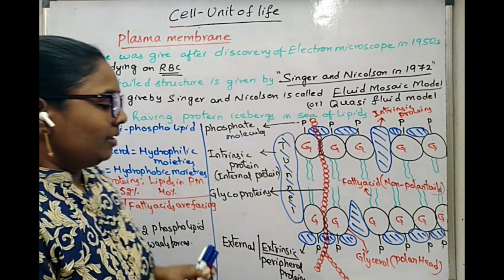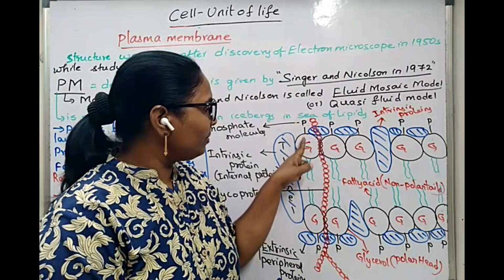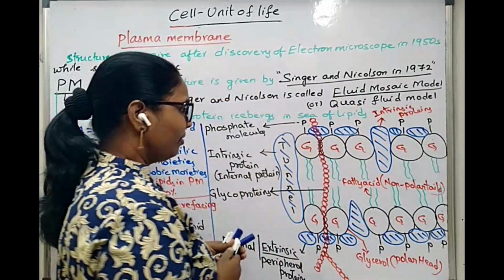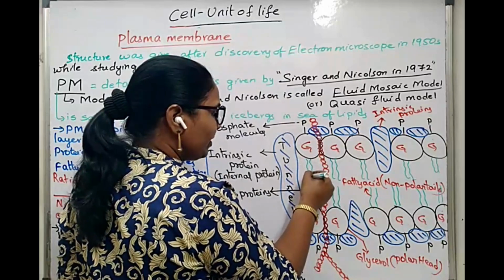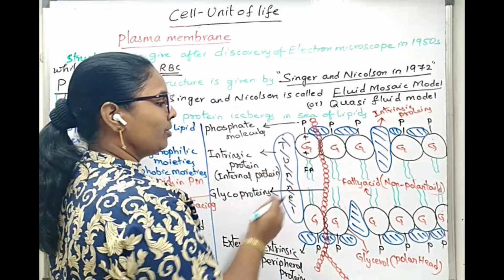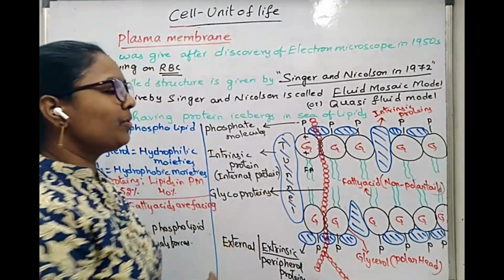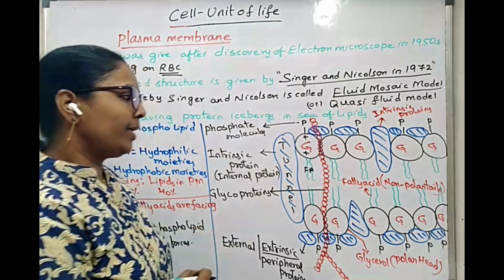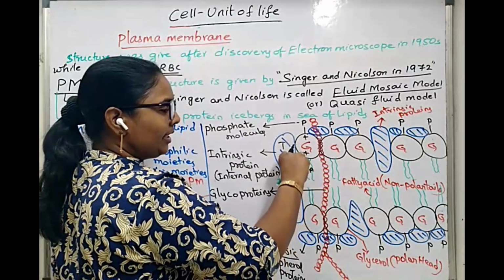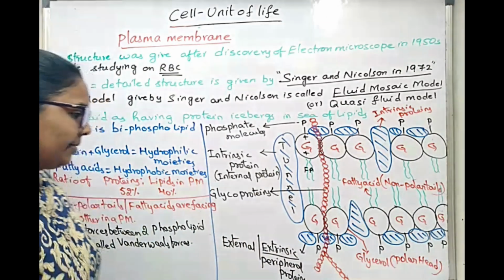Next, there will be movement between phospholipid molecules. One phospholipid molecule constitutes fatty acid plus glycerol plus one phosphate molecule. There will be movement of these molecules within the layer. So such type of movement is called transition movement. Sometimes this total structure, phosphate, glycerol, fatty acid, will be flipping to the other layer. Such types of movement are called flip-flop movement.